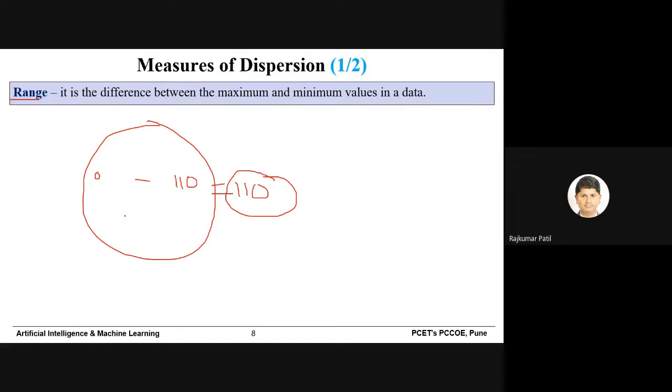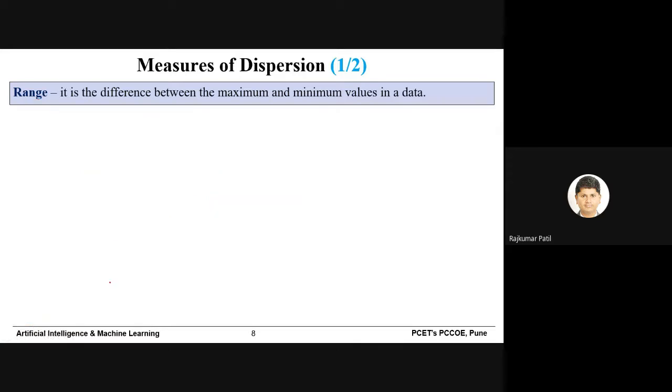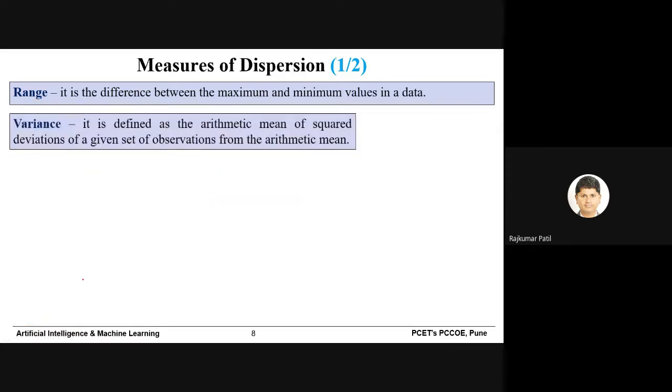But suppose in another case the minimum value is 5 and the maximum value is 10, so we can say that the spread is less. Again, that depends on the context and what type of data you are analyzing, right? So range is useful to measure how the data is spread.